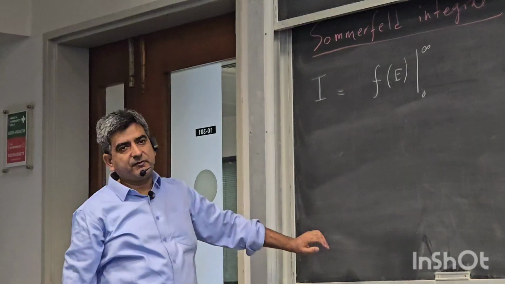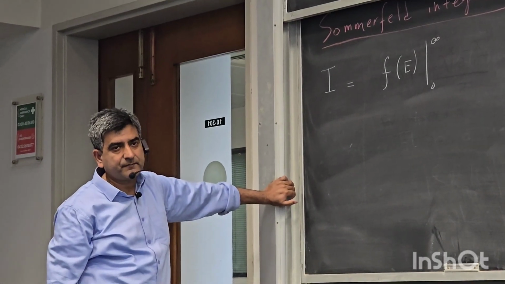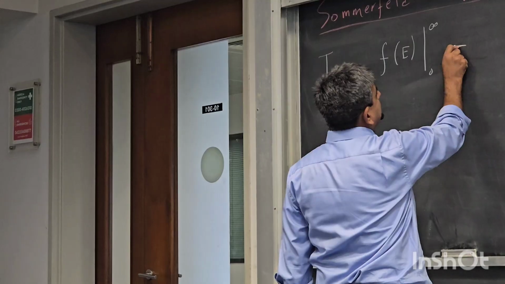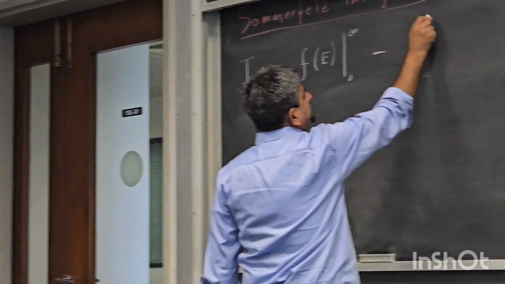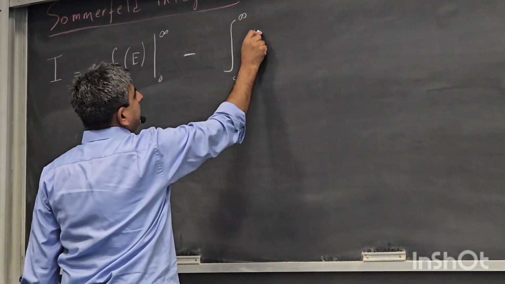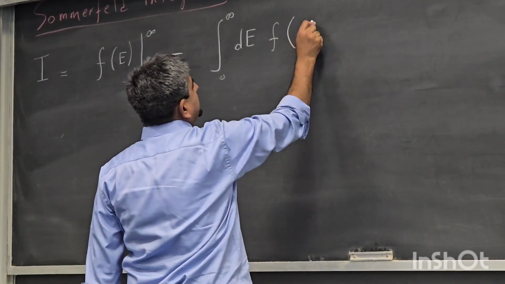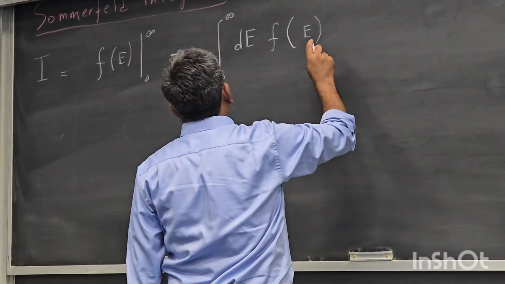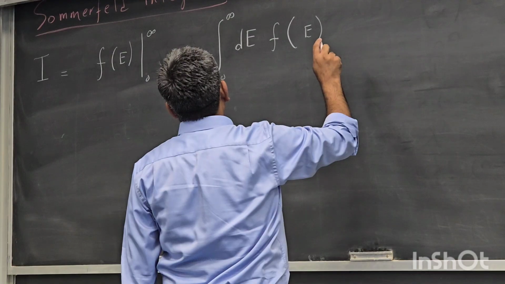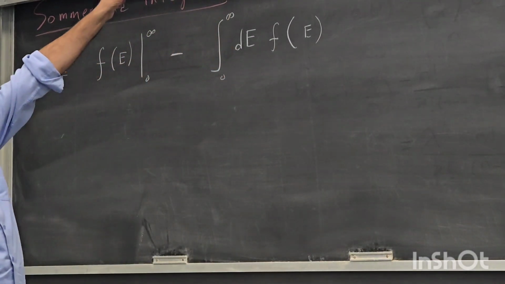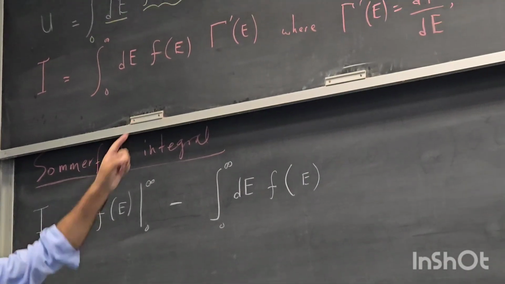Remember, F is my Fermi-Dirac distribution function, minus the integral from 0 to infinity of dE, F'(E), followed by the integral of gamma.